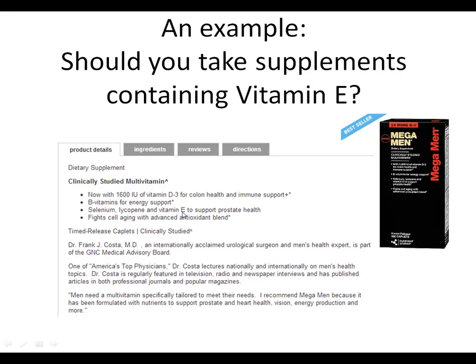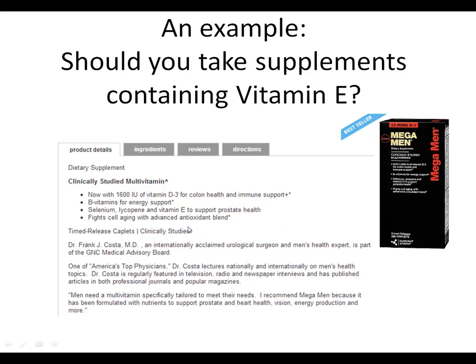What does vitamin E do? Why is it in a supplement called MEDLINE? It's to support prostate health. Okay, so here's the information that the manufacturer put out to answer the question of why would you want to buy MEDLINE? What's it going to do for you?